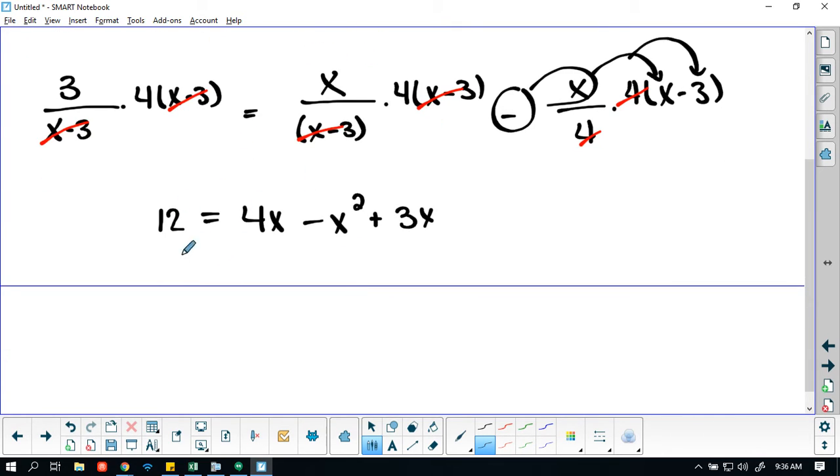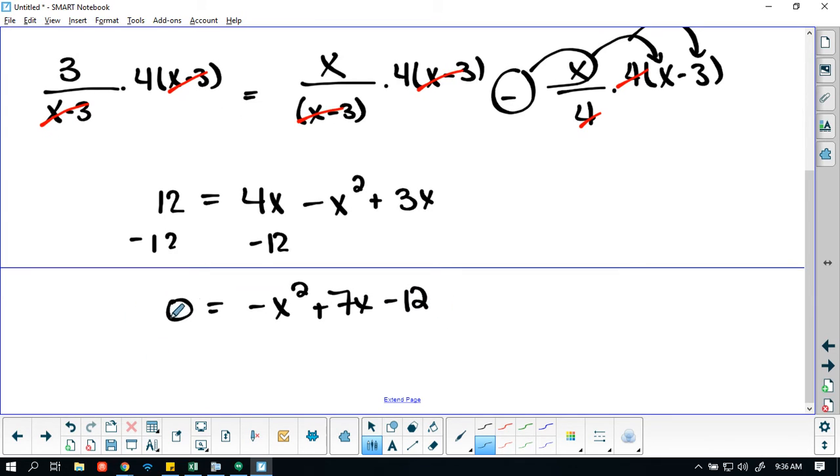We're working with a quadratic, and it's easier to work with a quadratic if it's equal to 0. So we have negative x squared plus 7x minus 12. I don't like working with negative x squared, so I'm going to factor out a negative 1.